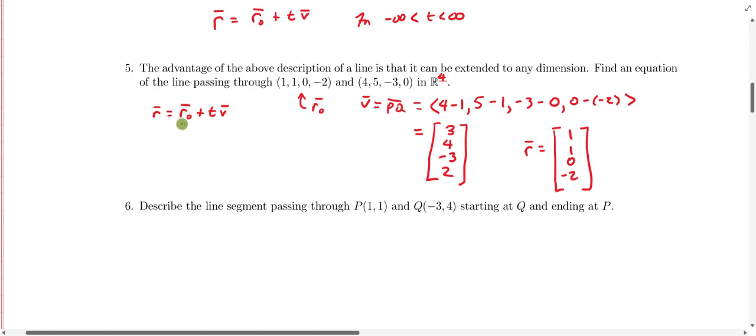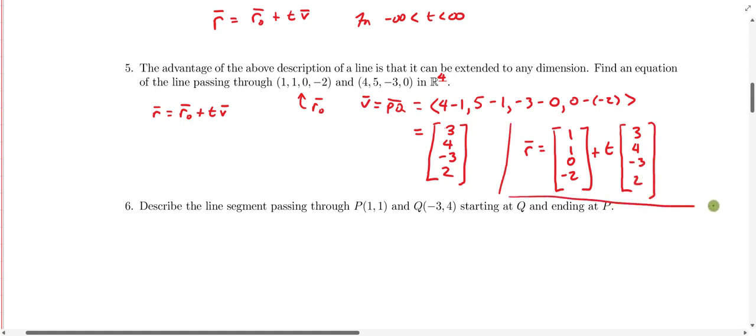That's the r0 vector, plus some scalar multiple of my direction vector, which I got from taking the vector that takes me from this point over to this point. And so this would give me 3, 4, minus 3, 2, and we're done. That is the answer to this problem. Oops, with one other thing we need to add for negative infinity less than t less than infinity, telling us what values t can take on there.